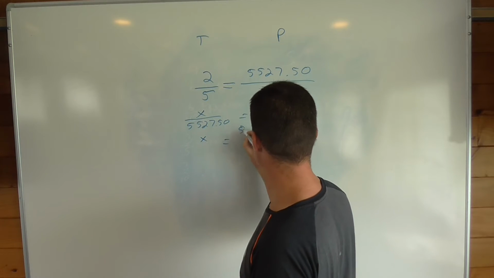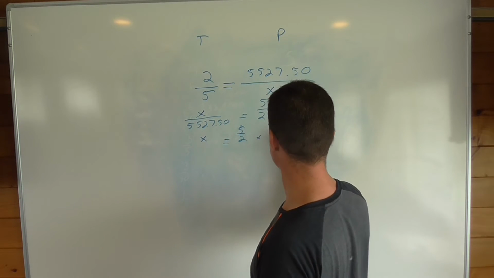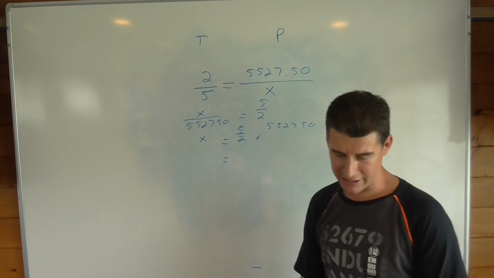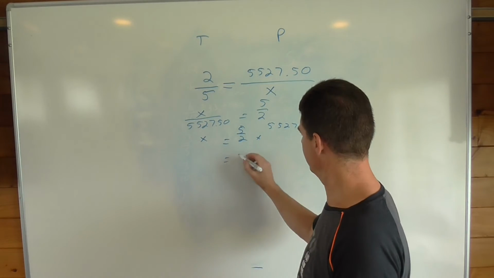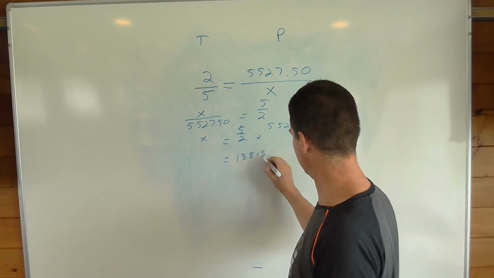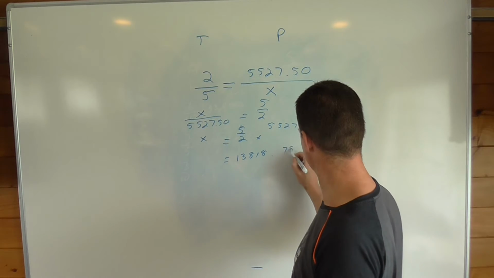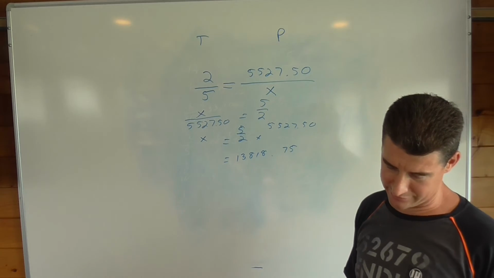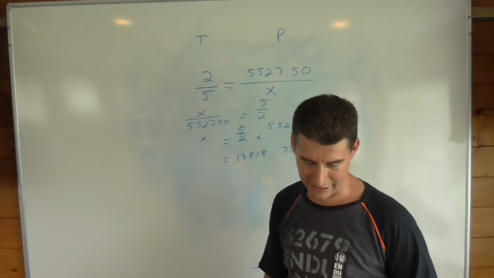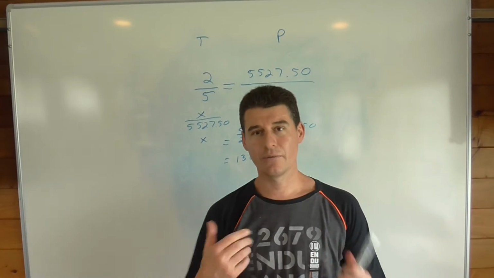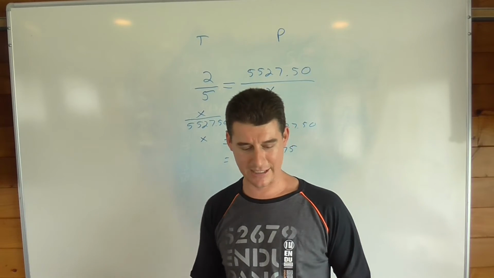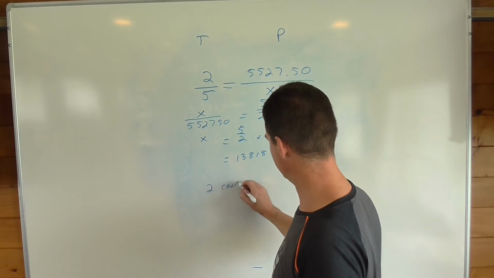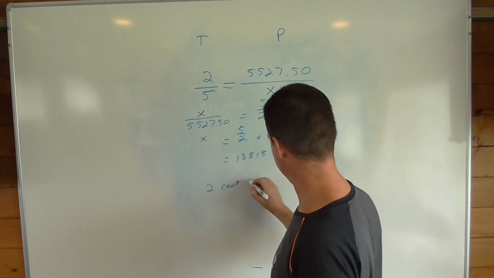So X equals 5/2 multiplied by 5,527.5. So 5 tons will cost you 13,818.75. Okay. So that's how you can calculate it. Another way to do it as well is if they say 2 tons cost, how much again?